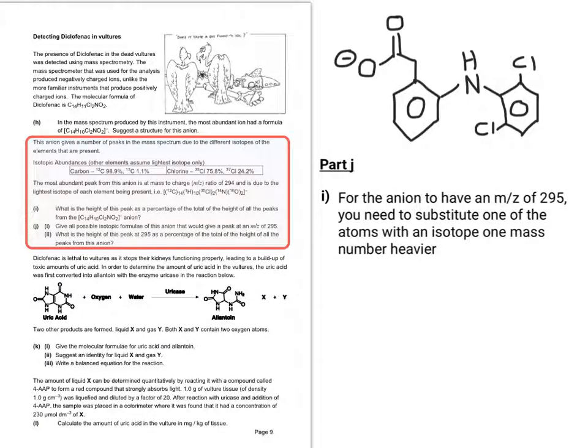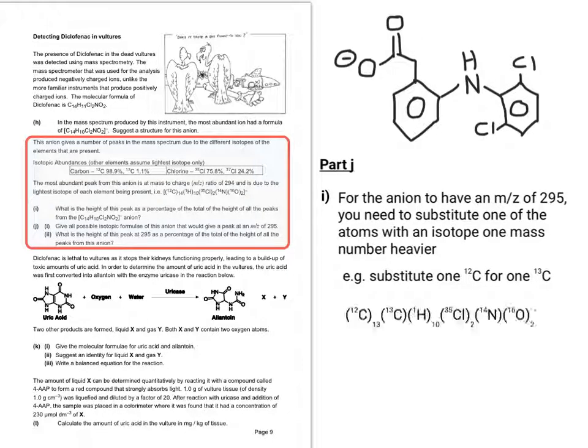So for the anion to have an m/z of 295, you need to substitute one of the atoms with an isotope 1 mass number heavier instead of 294. So you swap a carbon 12 for a carbon 13. Once you do this, you can then substitute that carbon 13 into the formula that you had before.